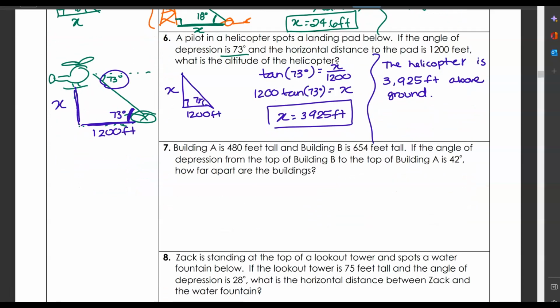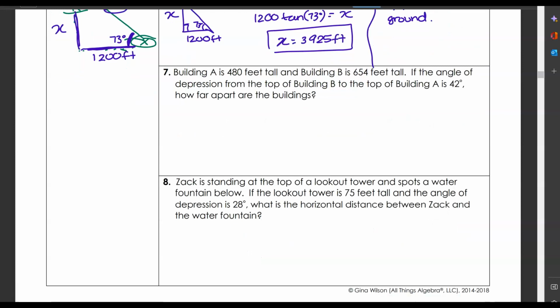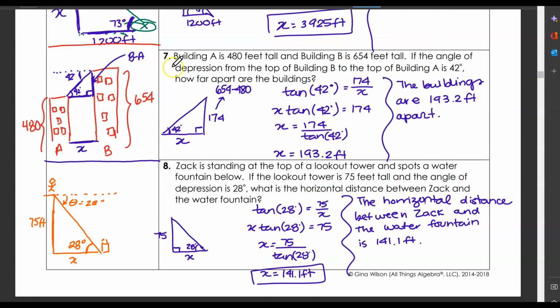Okay. All right, take a moment and try numbers 7 and 8. All right, let's take a look at number 7 first. So a building A is 480 feet tall and building B is 654 feet tall. If the angle of depression, so you can notice here, here's my building A, 480 feet tall. Here's my building B, standing at 654 feet tall.